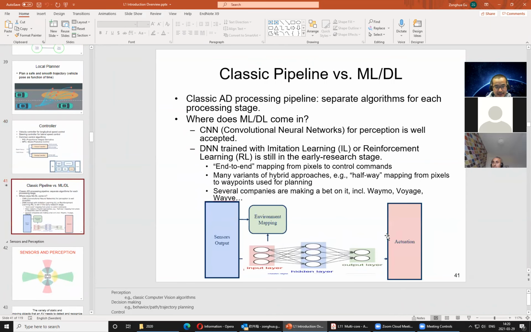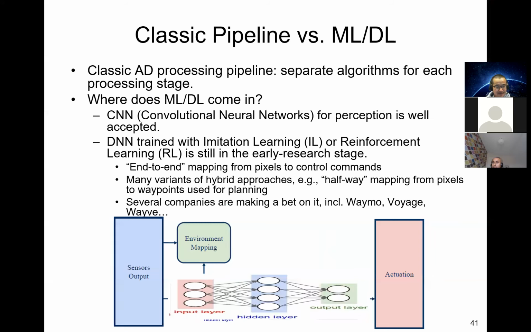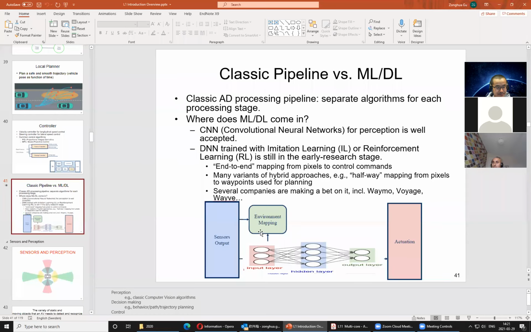For the processing pipeline, the current industry practice is to use machine learning, deep learning, for perception only. There are some attempts at applying machine learning to part of the motion planning, or end-to-end, mapping from pixels to commands.